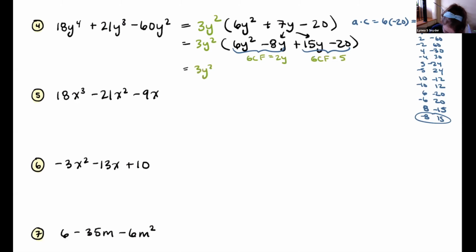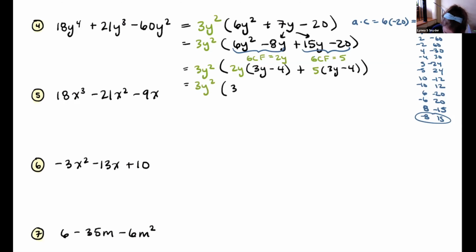Okay, so what have we got here? We're going to take out a 2y. We will have a 3y left and then negative 4. Here we're going to take out a 5. We'll have a 3y left and then negative 4. Keep this 3y squared just hanging out in the front.